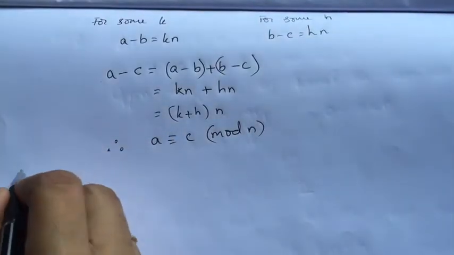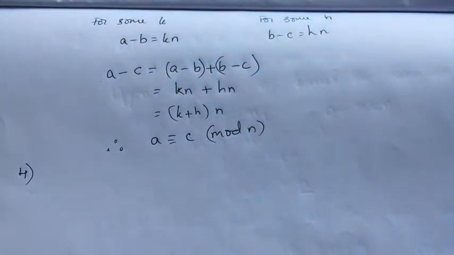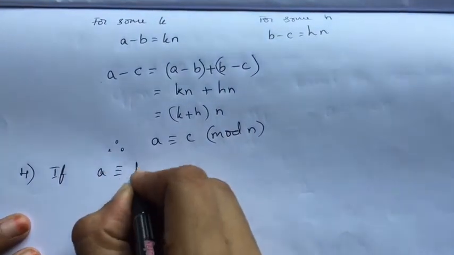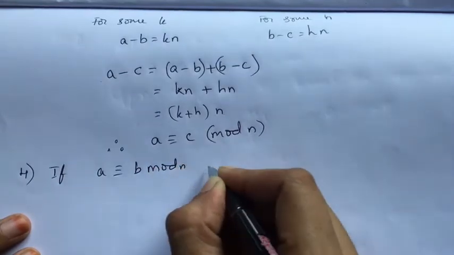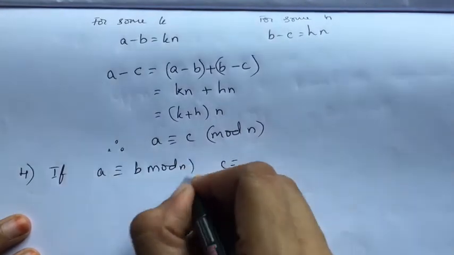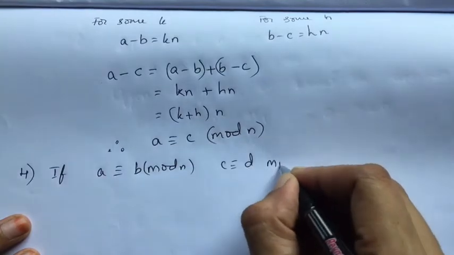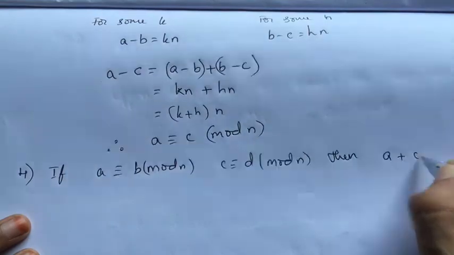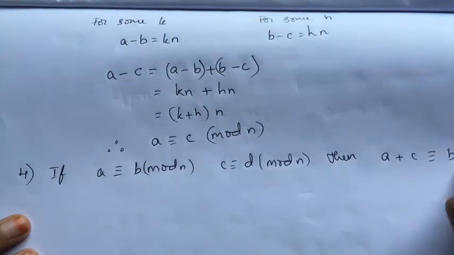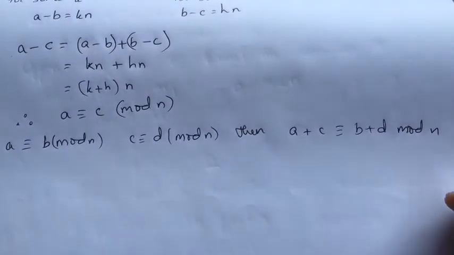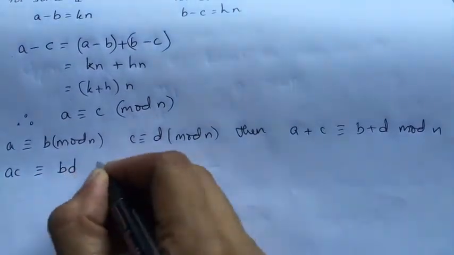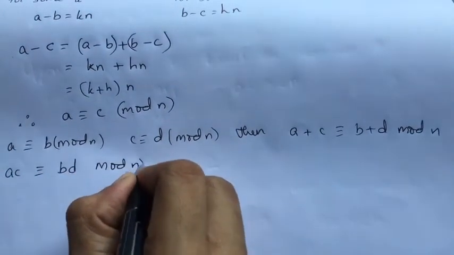Let us look at the fourth property. If A is congruent to B mod n, and C is congruent to D mod n, then A plus C is congruent to B plus D mod n, and also AC is congruent to BD mod n.